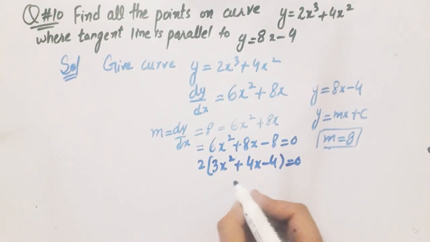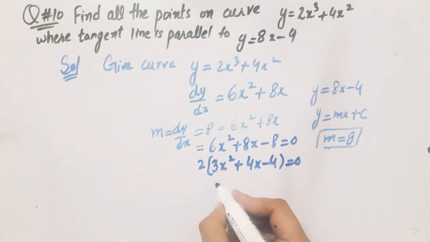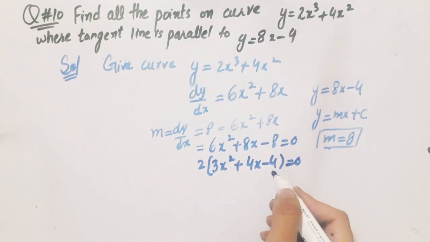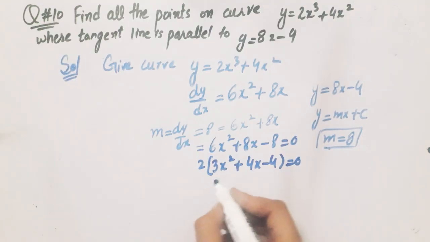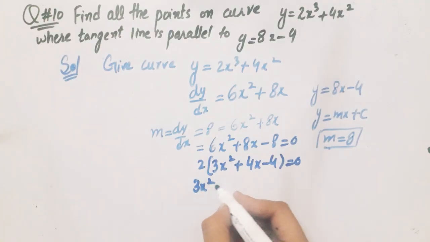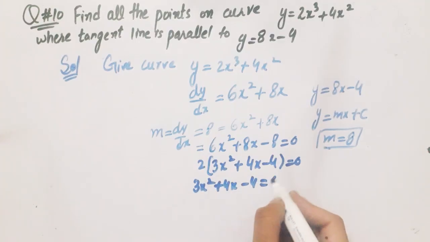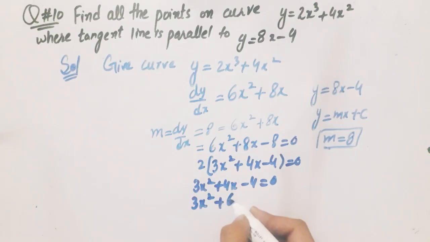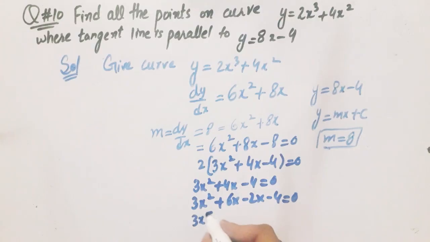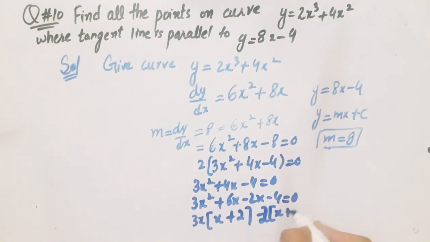So you will make the factors of 12 such that when they are subtracted they give 4. So the factors of 12 when they are subtracted give 4: 6 and 2. So 3x square plus 6x minus 2x minus 4 is equal to 0. Now you take 3x as common, remaining is x plus 2, and minus 2 is common, so x plus 2.